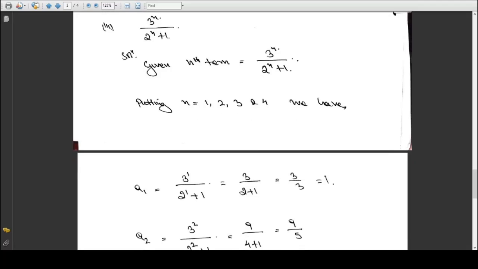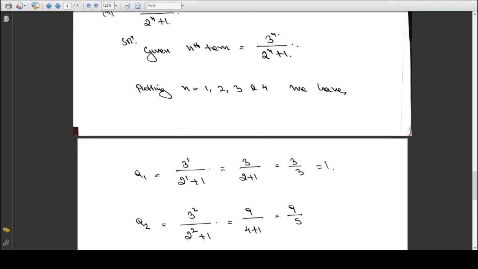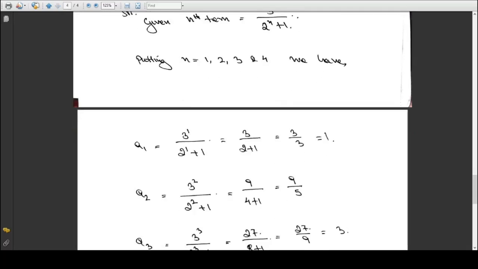Let's see the second term. Putting n equal to 2, we have 3 squared divided by 2 squared plus 1. 3 squared is 9, 2 squared is 4, and 4 plus 1 is 5. Therefore you get 9 by 5 as the second term.